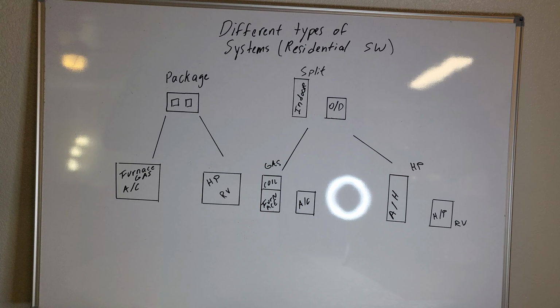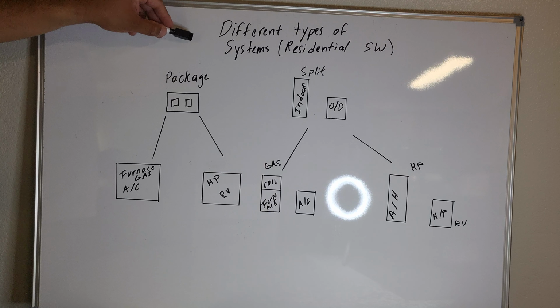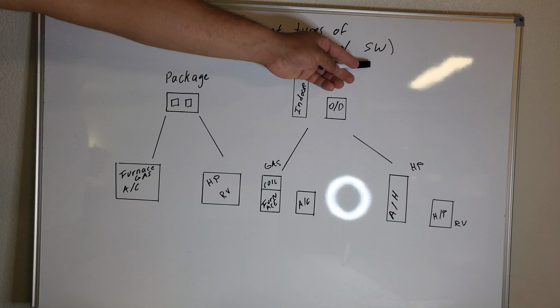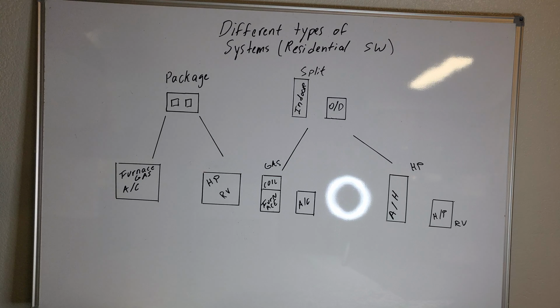Anyways, let's hop into the different types of residential systems. And this is primarily in the Southwest. You folks know by now that I live in the Southwest, particularly Arizona.